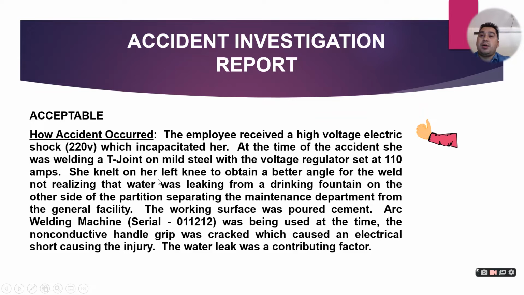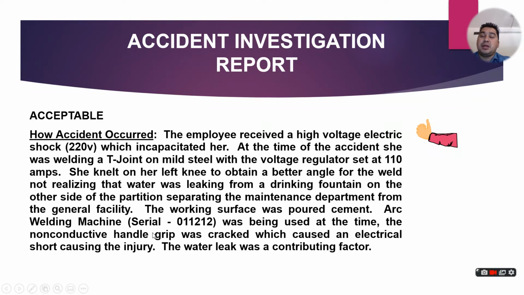She knelt on her left knee to obtain a better angle for the weld, not realizing that water was leaking from a drinking fountain on the other side of the partition, separating the maintenance department from the general facility. The working surface was poured cement.